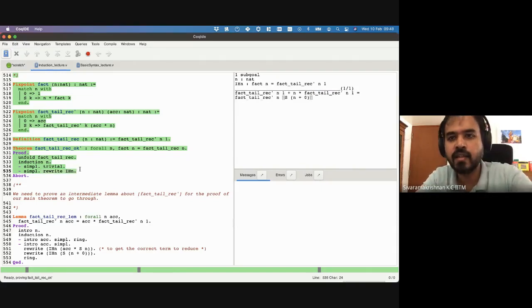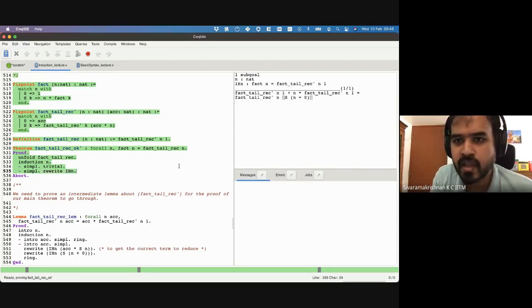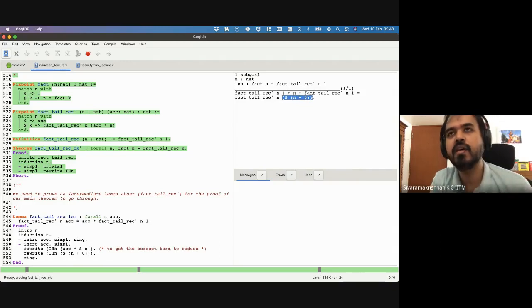So I'm going to rewrite it. I get some term here. If you stare at this term, this is obviously true. So if you look at this one, what do we know about this accumulator? Whatever value you compute, you're just going to multiply that with this accumulator value.